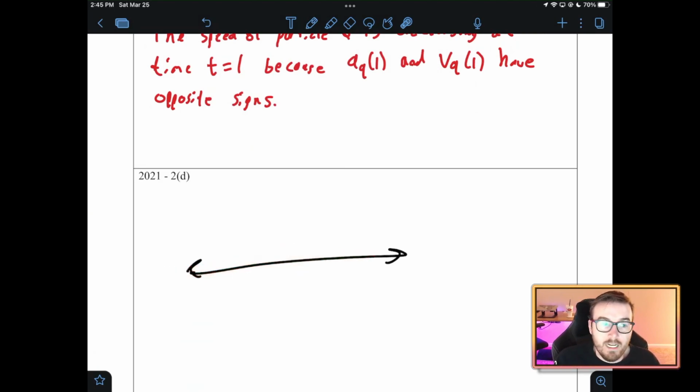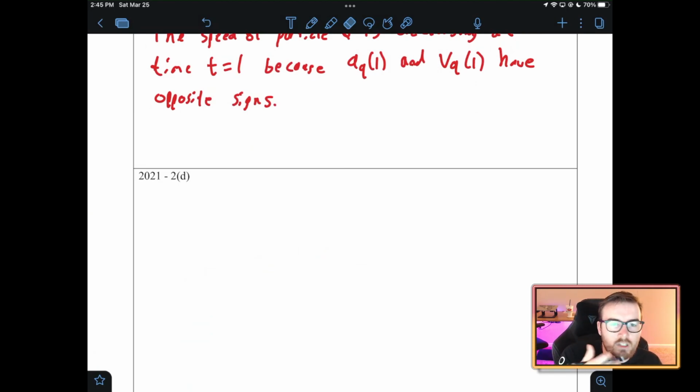My total distance traveled, I traveled a lot of distance, but my position is the same. So total distance and position are not quite the same. So how do we do that? If the integral of velocity gives you position, can we integrate velocity to give us total distance traveled? Because it's kind of the same thing.